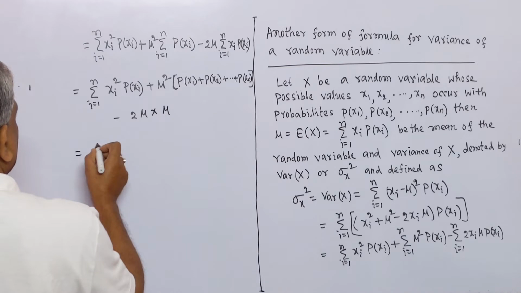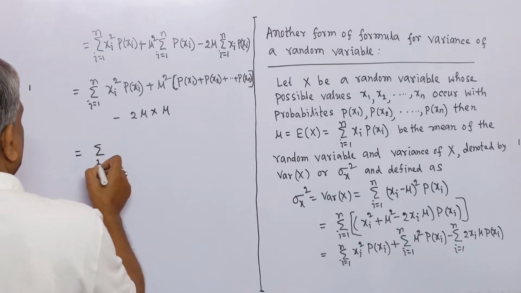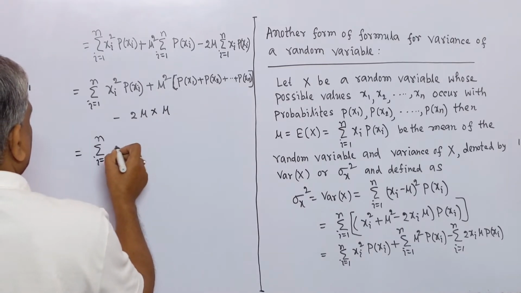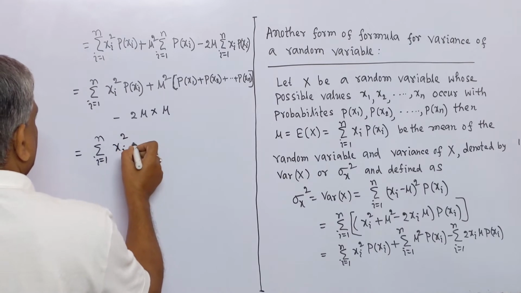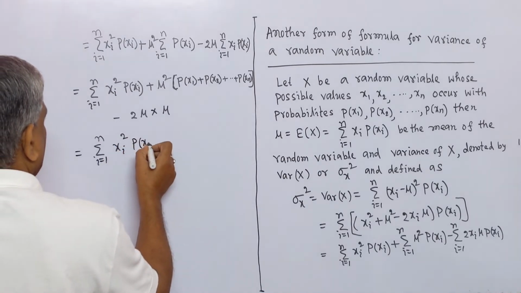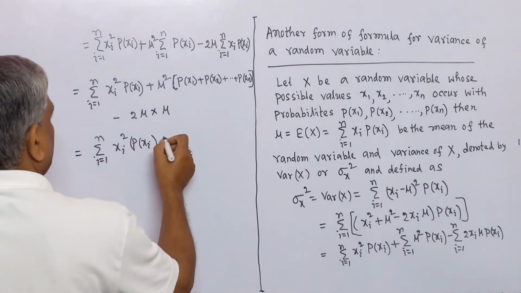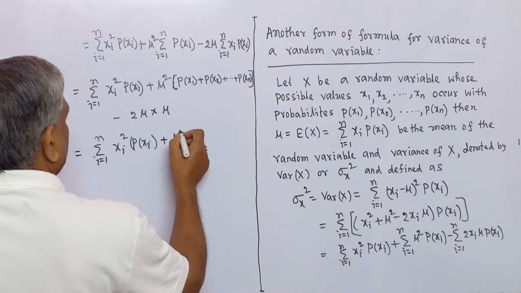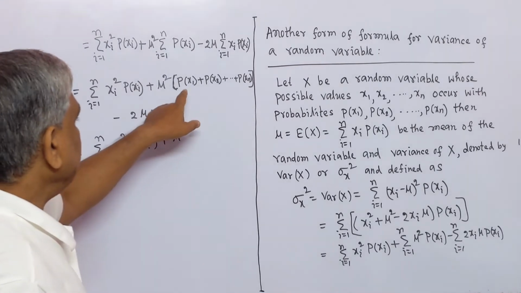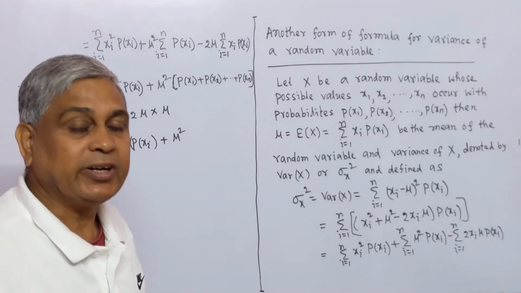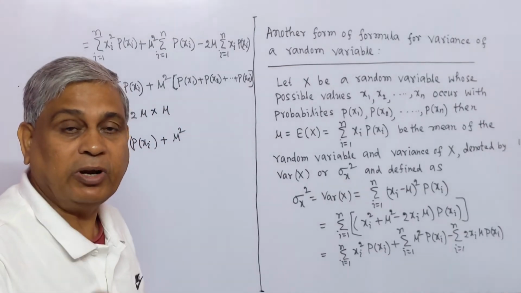this equal to sigma i equal to 1 to n xi square pxi plus mu square. This is the sum of all probabilities, which is equal to 1.